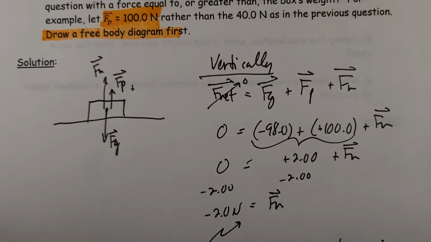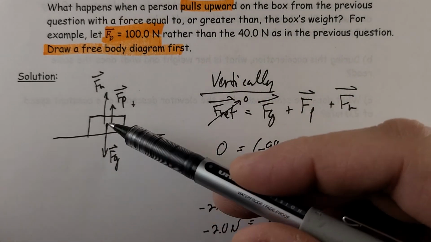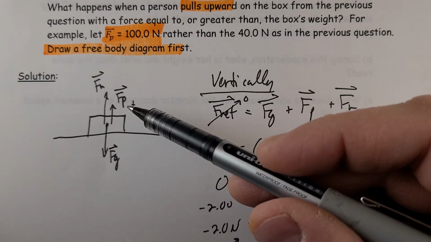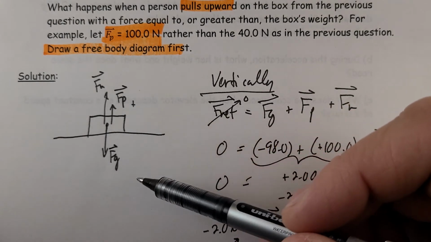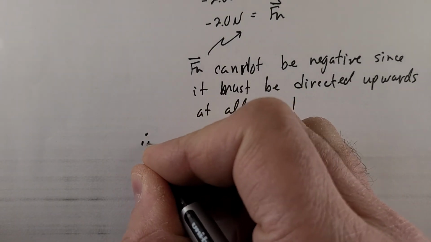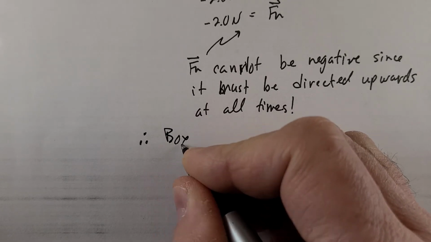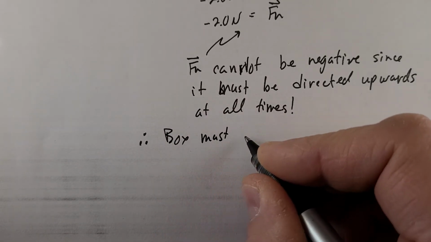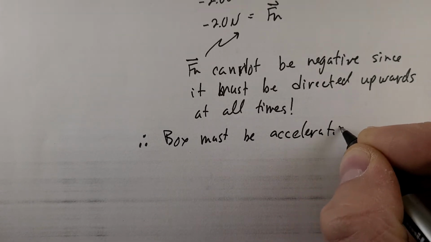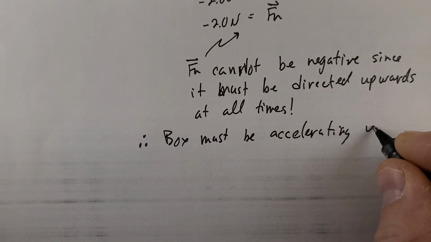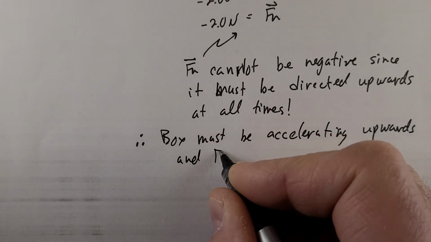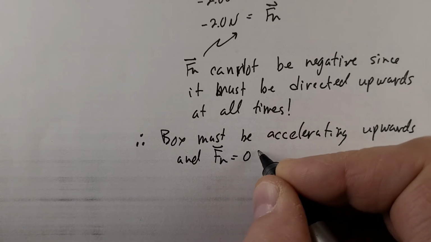So what must be happening here? If our gravity is negative 98, and I'm pulling up at 100, we can see that my pulling force upwards is greater than the weight. So wait a second, what that means is the box must be accelerating upwards, and therefore Fn must be equal to 0.